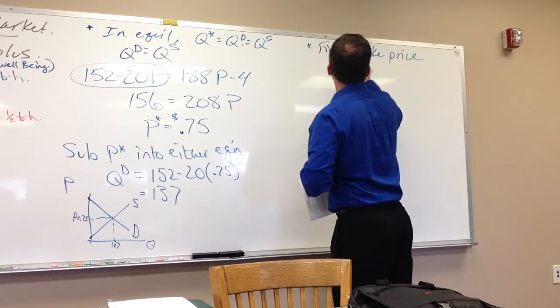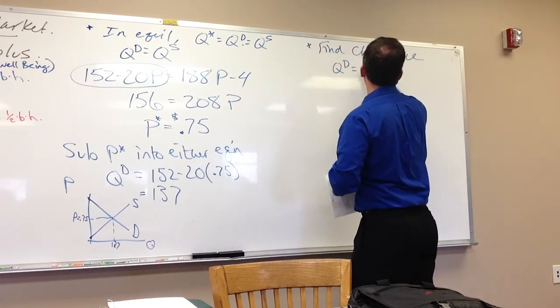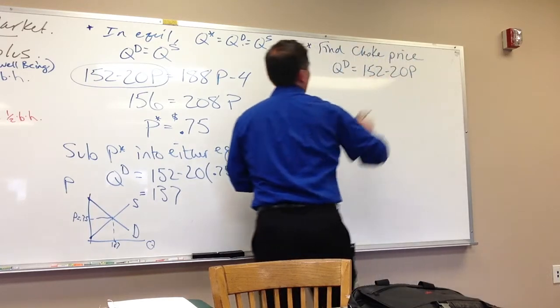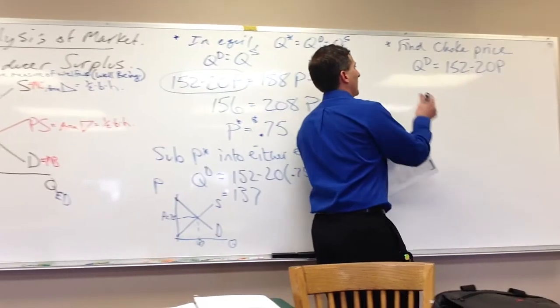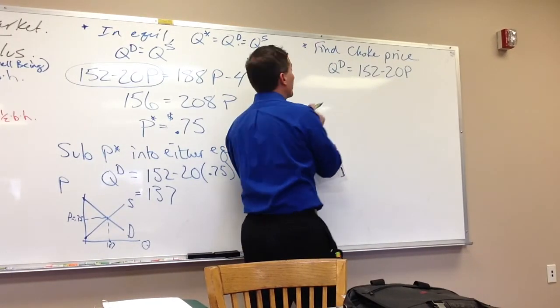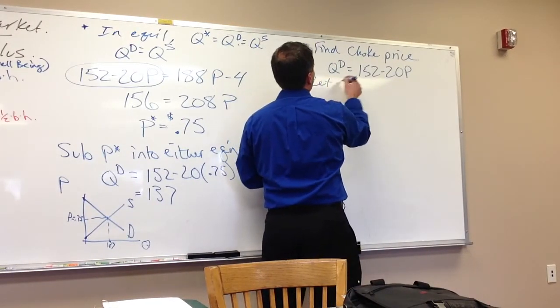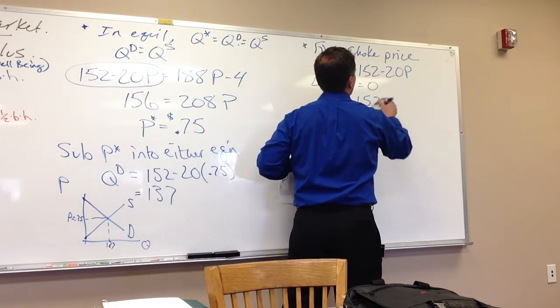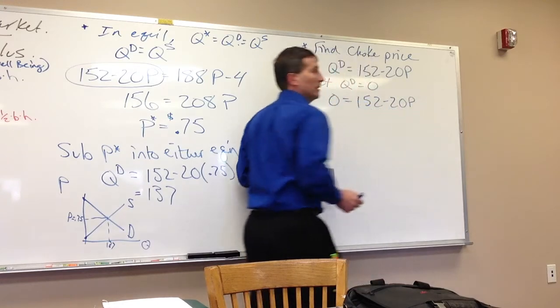We know that, I'm going to do it in full glory here, 152 minus 20p. There's our demand curve. And if I understood you right, you're just substituting in a 0 here, right? So let QD equal 0. Therefore, we got 0 equals 152 minus 20p.